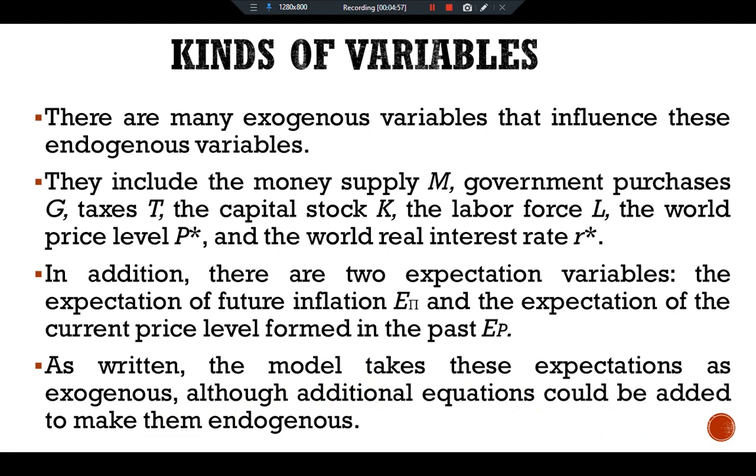But this large model is still useful because we can use it to see how the smaller models we have examined are related to one another. In particular, many of the models we have been studying are special cases of this large open economy model. Let's discuss 6 special cases here.